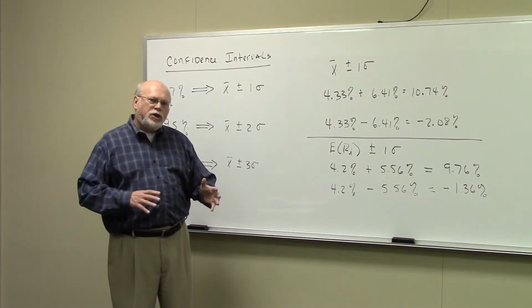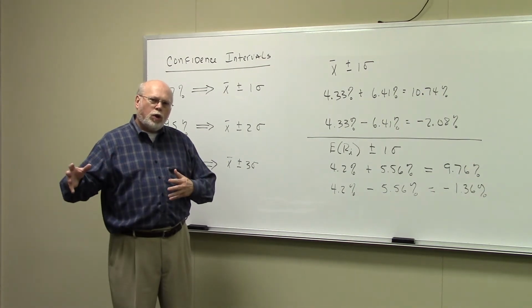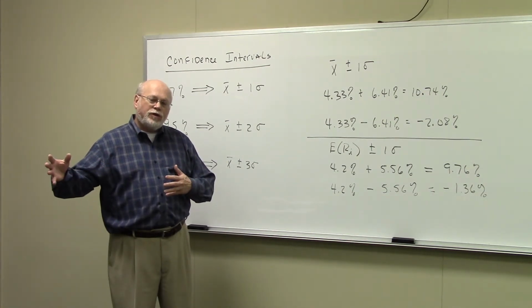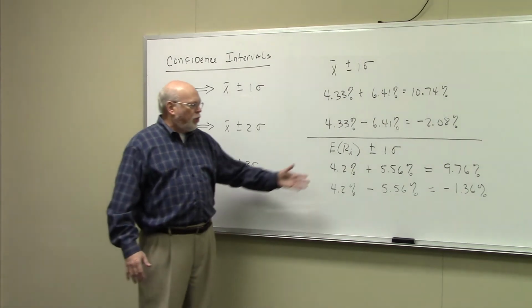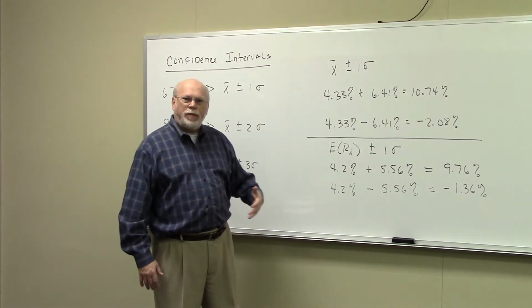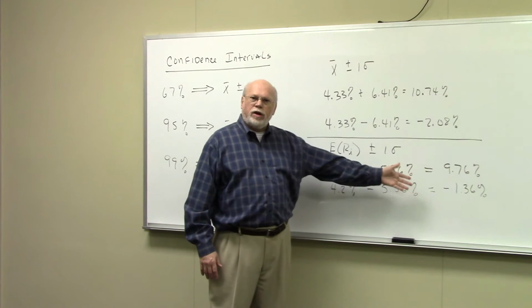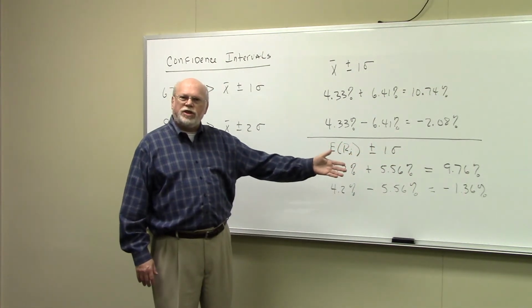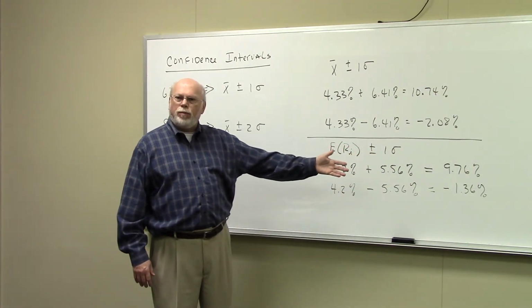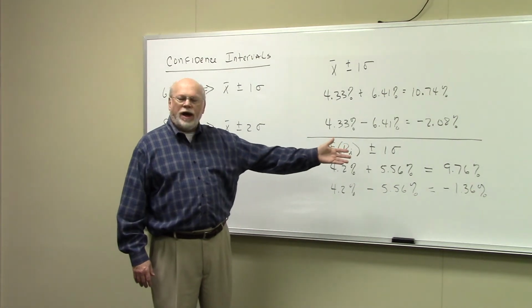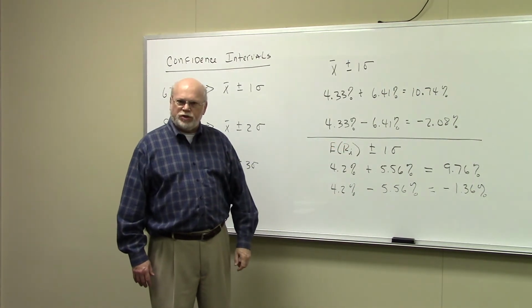So again, assuming we were trying to project returns for the next quarter, what you would say is that we expect the next quarter's returns to be somewhere between a negative 1.36% and a positive 9.76%.